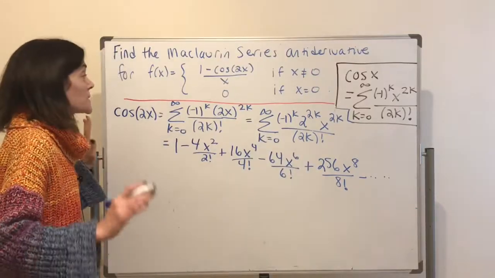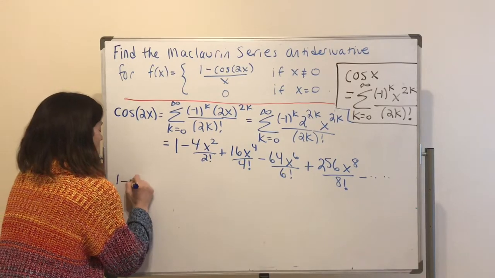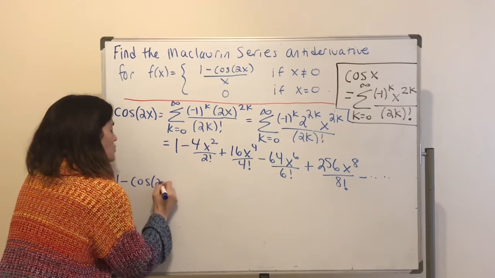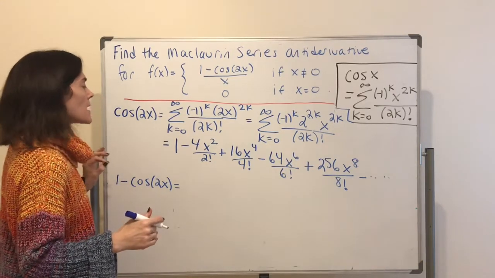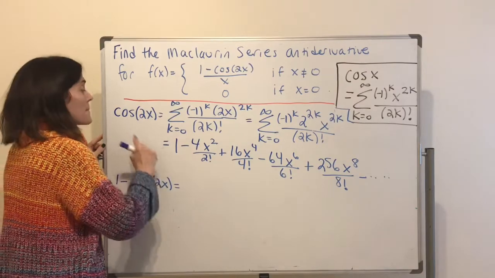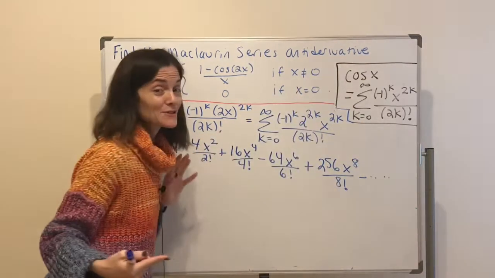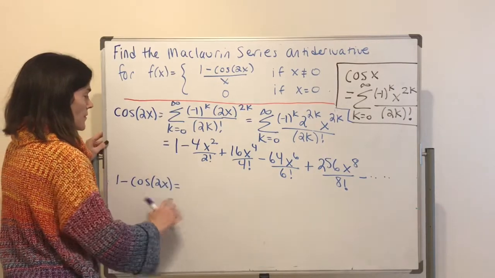What happens when we take 1 minus? And this might be the trickiest part of this problem. Just think about taking 1 minus big parentheses around this whole power series. 1 minus 1 is 0, okay?